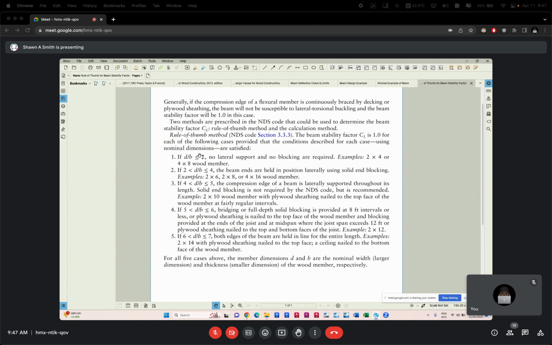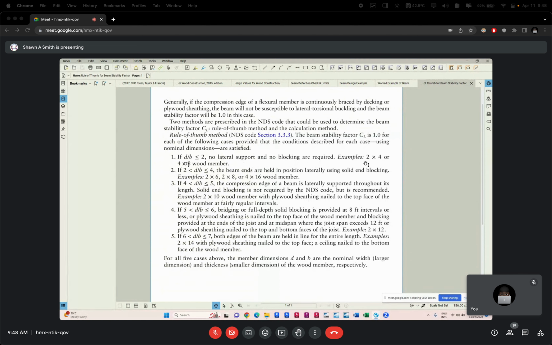All right. We don't necessarily need to go through all of them because I think I've done so in the second class. But just for a refresher, the first one states that if the depth of the element divided by the breadth of the element is less than or equal to 2, no lateral support and no blocking are required.